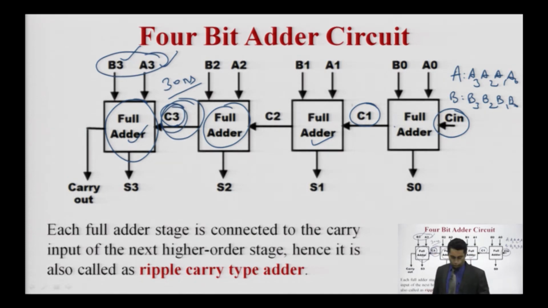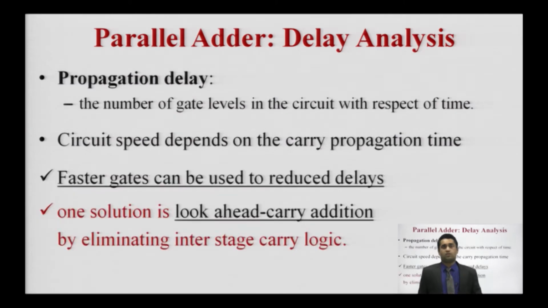So, what is the solution for this? The first solution is to use faster gates. Means if I am using a faster circuit, instead of 10 nanoseconds, we can limit it to 5 nanoseconds. Or there is another solution, which is the most common one, the use of the carry look ahead approach.